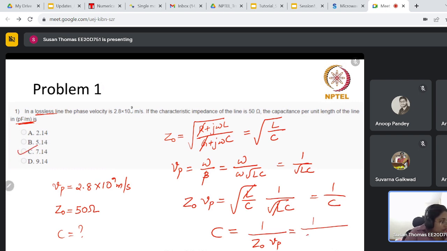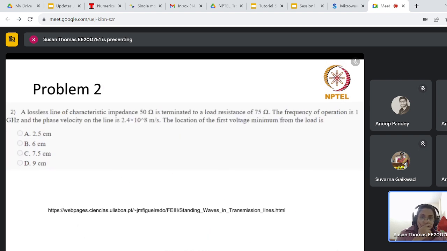Z naught is 50, 50 into 2.8 into 10 power 9. If you solve this, you will get 7.14 into 10 power minus 12 farad per meter, which is basically picofarad per meter. Hope this is clear. Then let's move on to the next question.